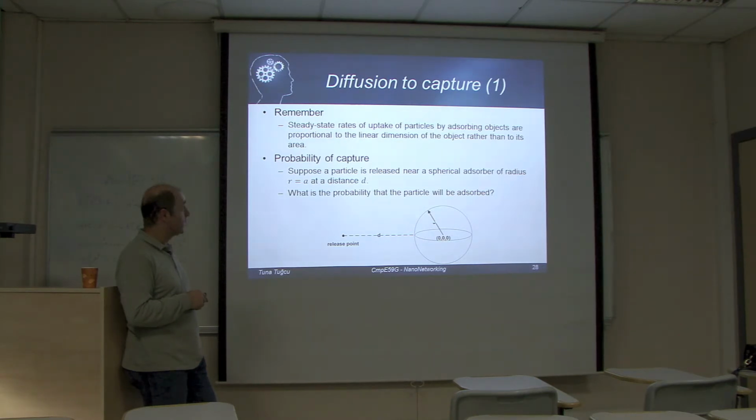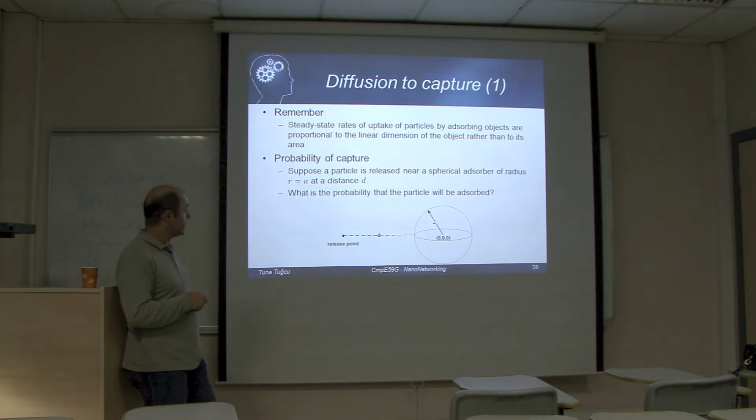So for the probability of capture, suppose that a particle, a messenger molecule, is released near a spherical adsorber of radius r equal to a. That means consider a cell, a spherical cell with radius a, and a molecule released from a distance of d.